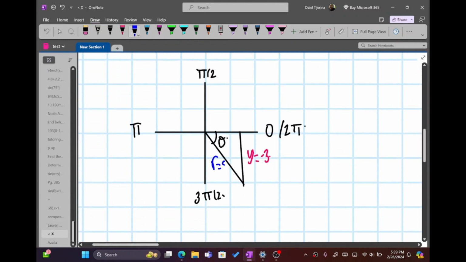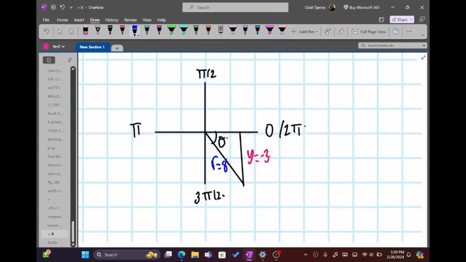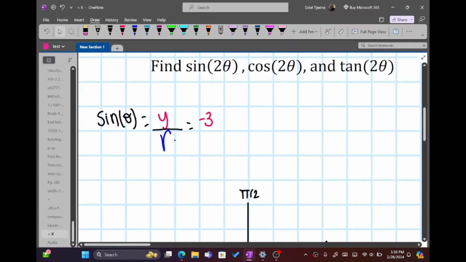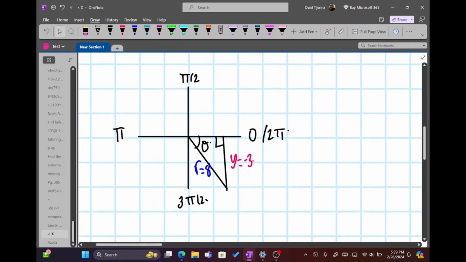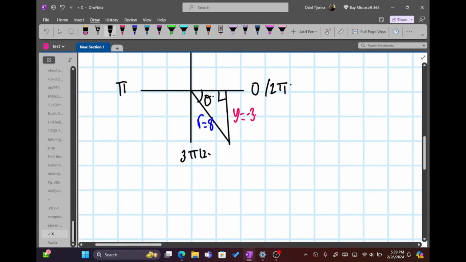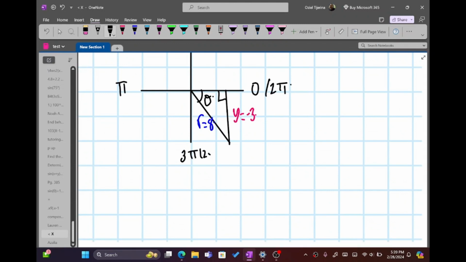You want to be able to understand that. Now, this is considered a right triangle, so we put a right angle there. And then -3/8 over 8. Now, we're going to find this. You can either use the Pythagorean identity, or you can use the SOHCAHTOA stuff.